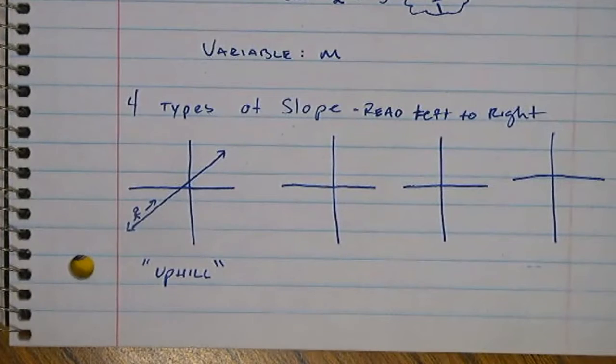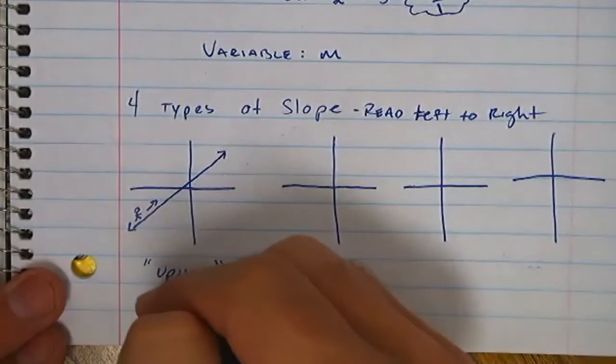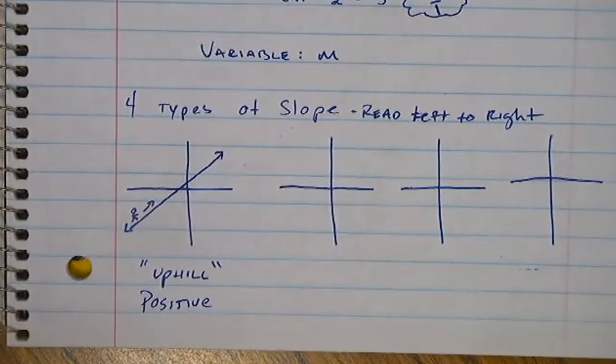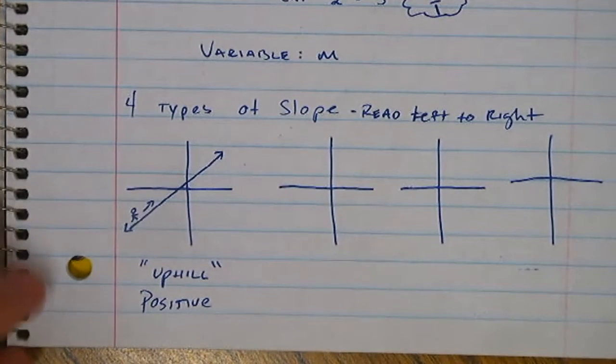And so that's just how we think of it. It's going uphill, it's going up, and therefore we say that is positive. Now, once we get a little bit further, not only is it positive, it has a numerical value. So we're going to be attributing an actual number, but it's going to be a positive number.